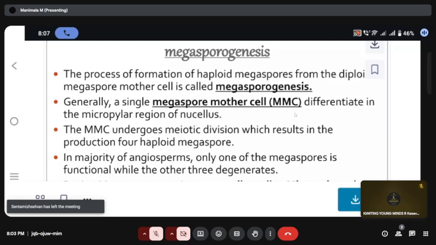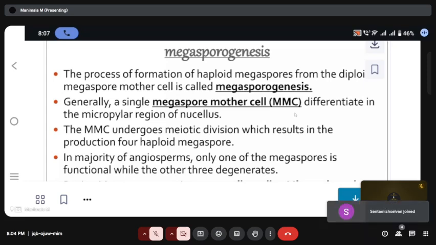Generally, the ovule differentiates into a single megaspore mother cell in the micropylar region of the nucellus. So the ovule will differentiate into a single megaspore mother cell in the micropylar region.